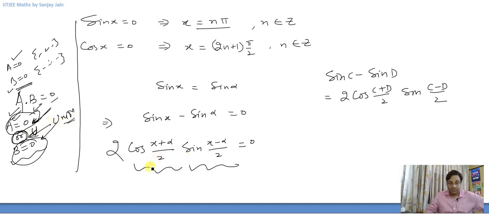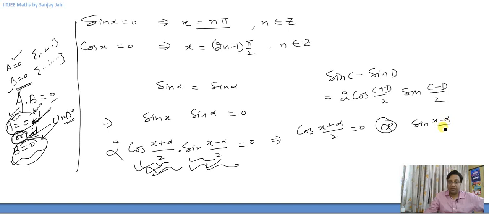Okay, now we are in a similar situation here, because the product of this and this is equal to 0, which gives me either cos x plus alpha by 2 is equal to 0, or sine x minus alpha by 2 is equal to 0. Now I know cos x equal to 0 implies that x is an odd multiple of pi by 2.